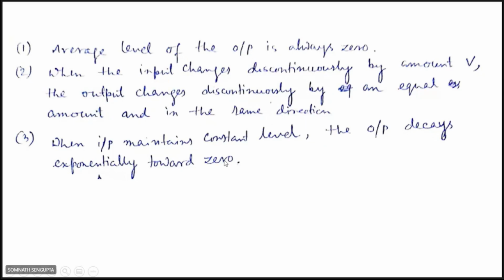What is the meaning of that? It blocks the DC signal, and if there is a sudden change in the input, the output will also change by that amount. If the input stays at a constant level, since we take the output across the resistance, there will be decay towards zero. These are the three main concepts.